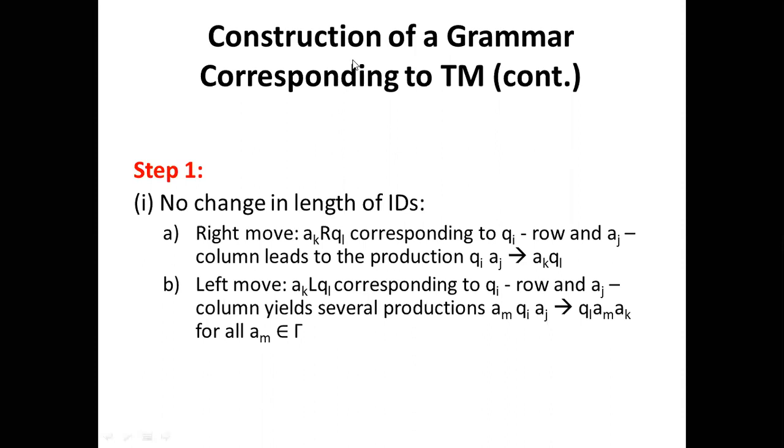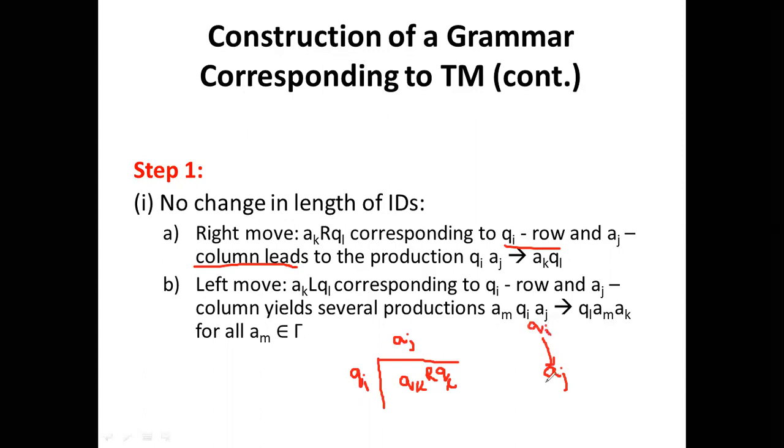In the first case, no change in the length of IDs, consider the right move, that is A_k, R. If you look at the table, Q_i is a row and A_j is a column, and in the cell Q_i, A_j the entry is A_k, R, and Q_l. Here A_j is your current symbol and Q_i is your current state.